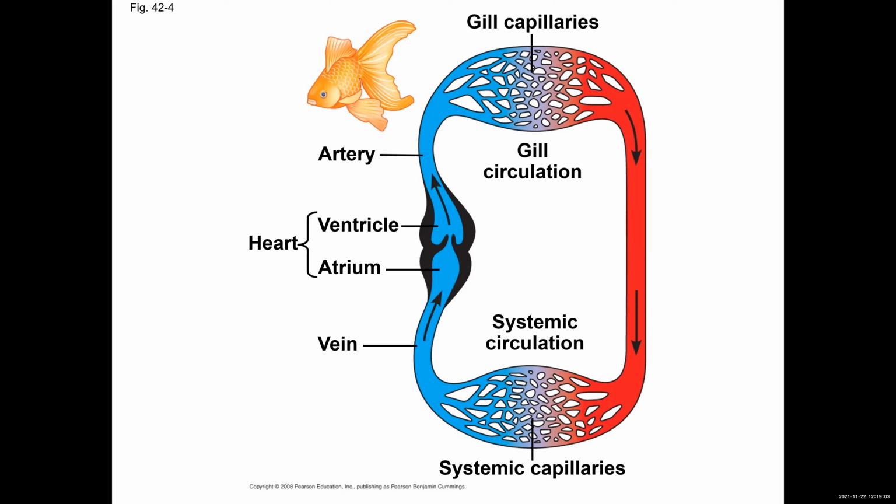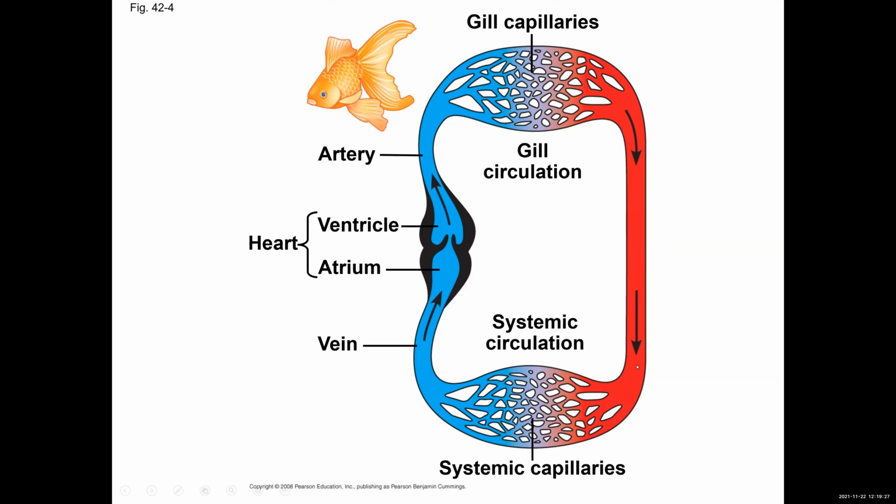So the way the blood is going to flow is in a circuit or a loop. If we imagine one red blood cell moving around in this fish system, there's only one loop it can go, right? It's going to go from the heart to the gills. It'll get oxygenated in the gills, so we're showing oxygenated blood in red, deoxygenated blood in blue.